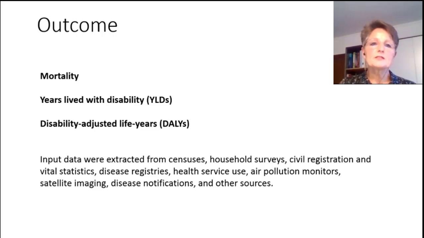The disability adjusted life years is a combined measure of information taken from databases from all over the world, databases from different studies, from civil registrations, statistics, and health service use. That information is put together and they have defined an outcome called disability adjusted life years.